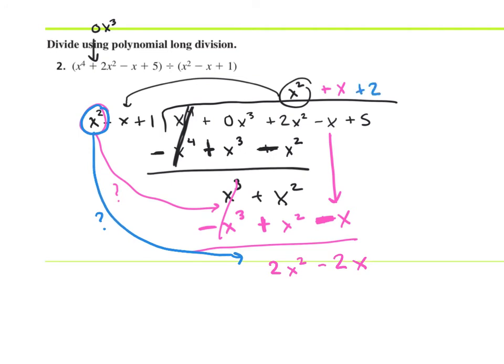Because 2 times x squared gives us 2x squared. What's 2 times negative x? Negative 2x. And what's 2 times 1? 2.